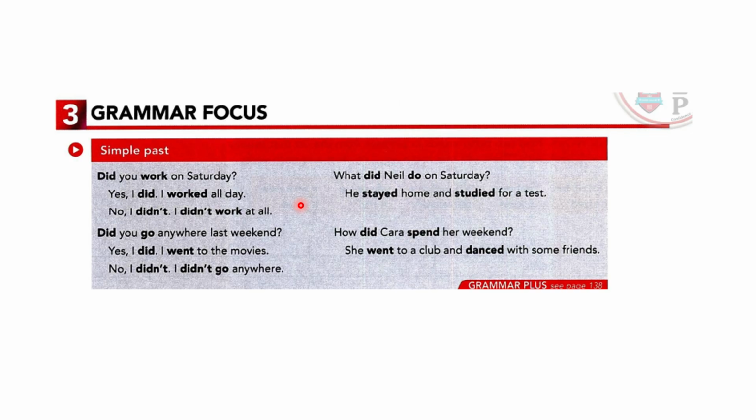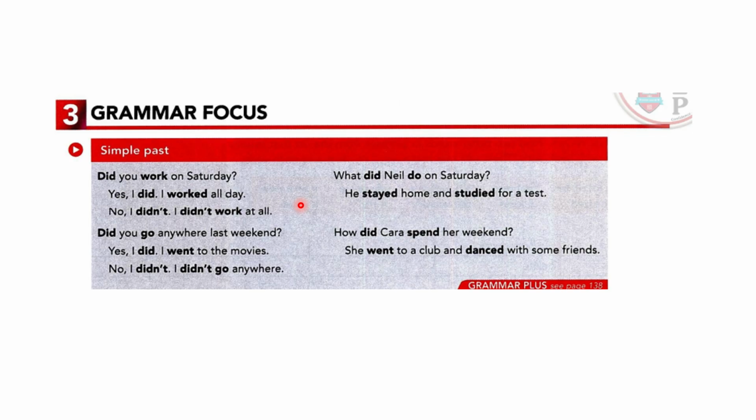For example, what did Neil do on Saturday? He stayed home and studied for a test. As you can see here, this is an affirmative sentence. And because of that, all the verbs are in the past tense. He stayed home and studied for a test.